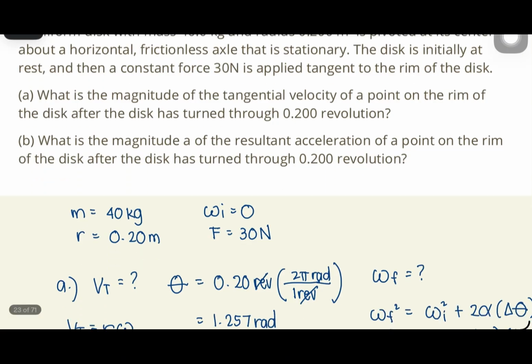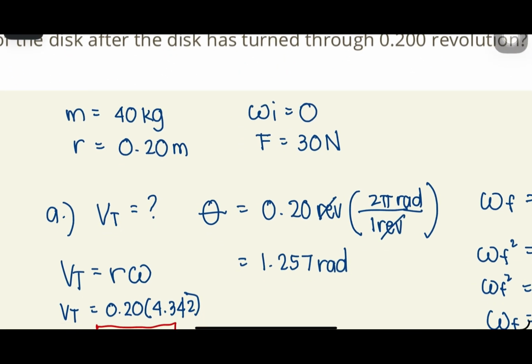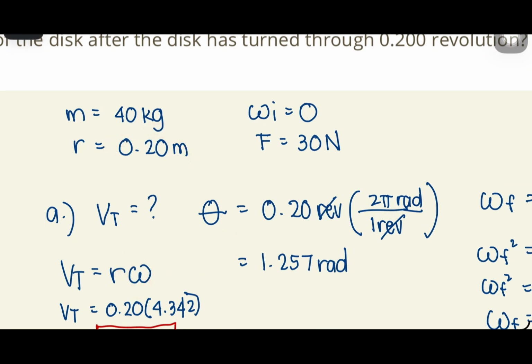For part A, pinapahanap po is yung tangential velocity. We know that tangential velocity is equal to r times omega. Meron tayong given na r, pero yung omega dito, ang pinapahanap class is yung final angular speed, no? Na makukuha natin using the rotational kinematics.